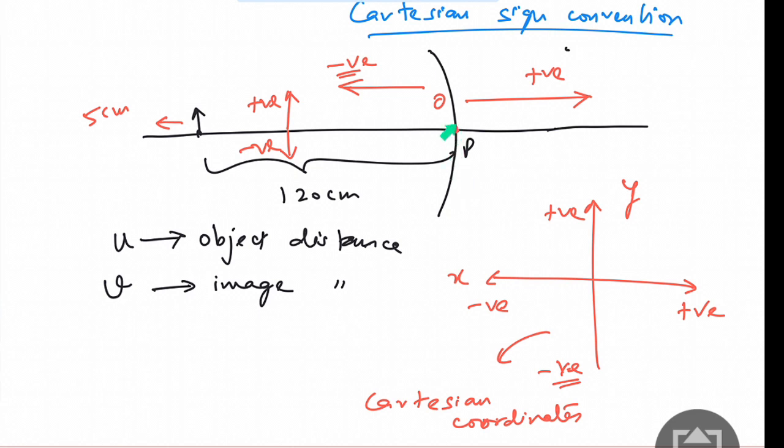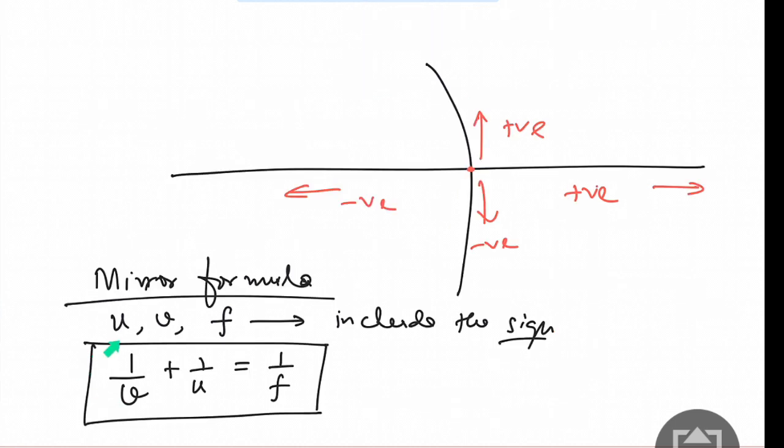The sign convention is important because we are going to use the formula 1 upon v plus 1 upon u equals 1 upon f, and as I told you last time, u, v and f include the sign. So if u is 40 centimeters, you will have to write 1 upon minus 40, not just 1 upon 40. That is why sign convention really matters.